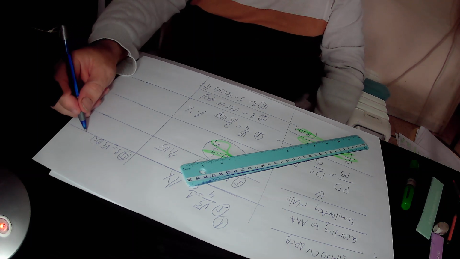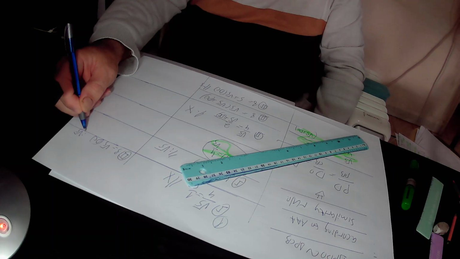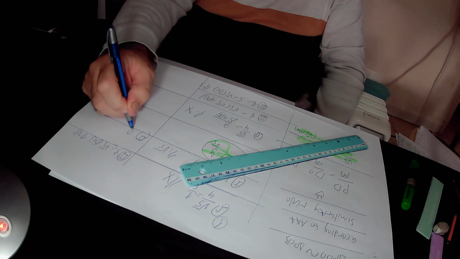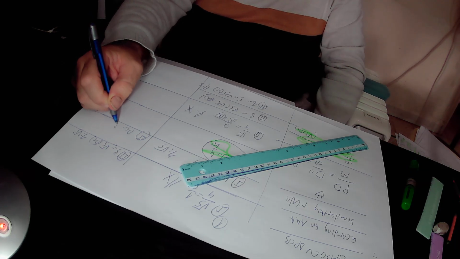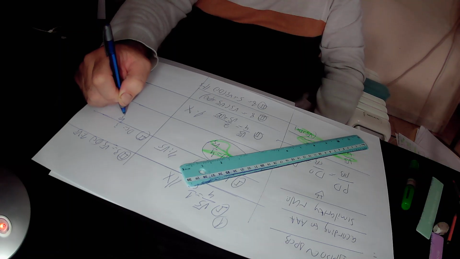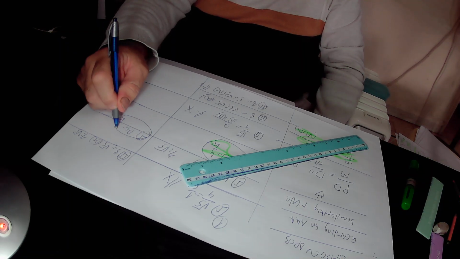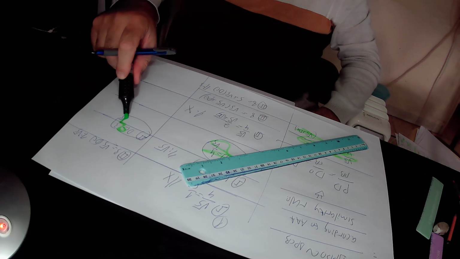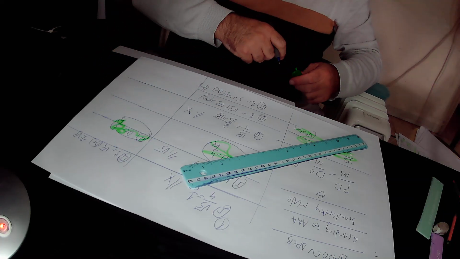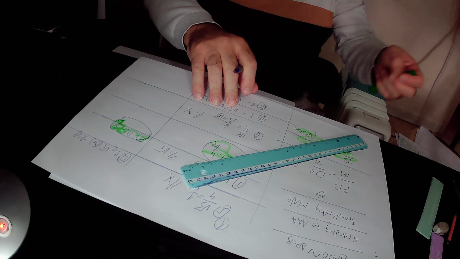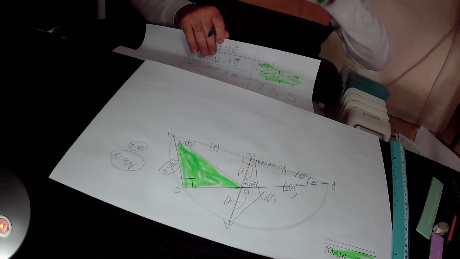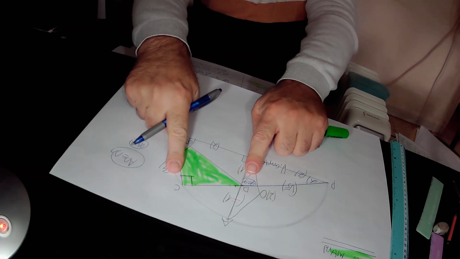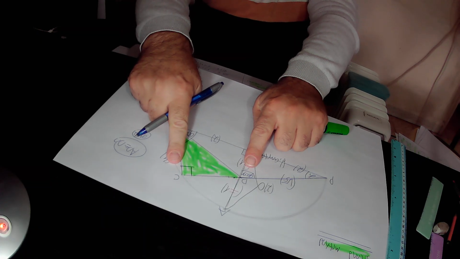Here we will divide equation 2 by square root of 5, and find that the missing side DC is equal to 3 over square root of 5 units in its length.